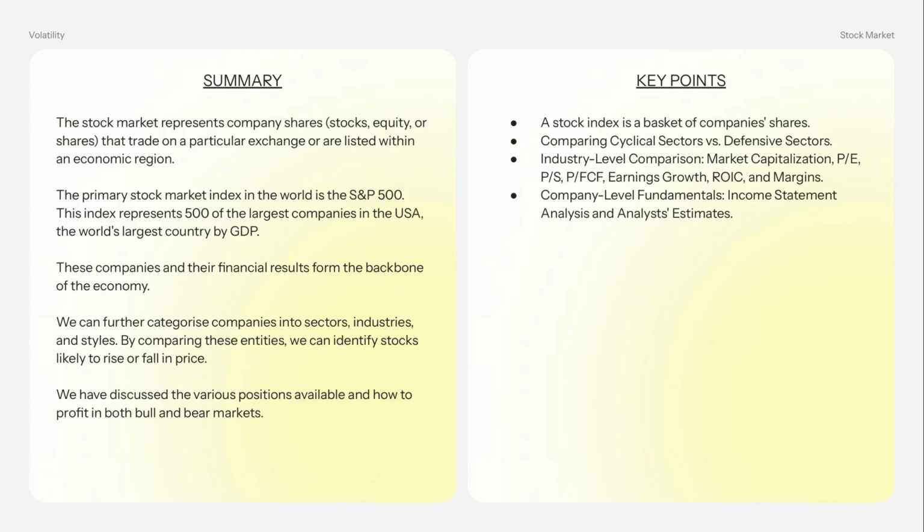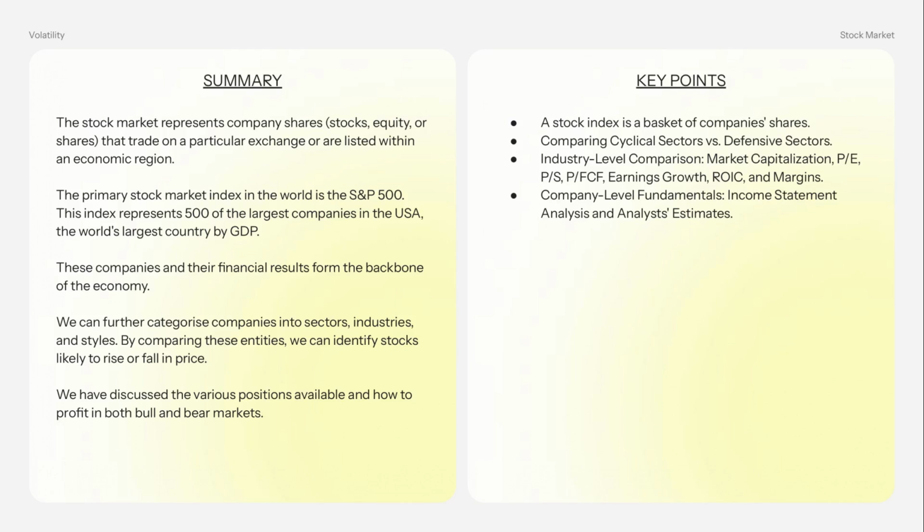This index represents 500 of the largest companies in the USA, the world's largest country by GDP. These companies and their financial results form the backbone of the economy. We can further categorize companies into sectors, industries, and styles. By comparing these entities, we can identify stocks likely to rise or fall in price.